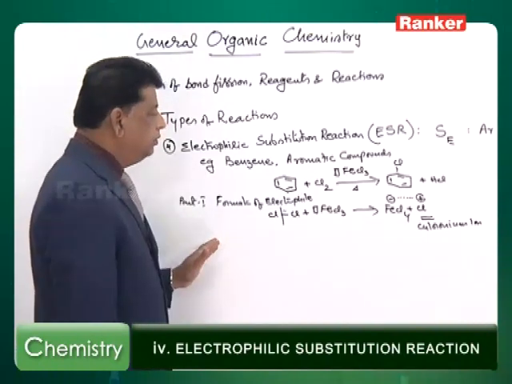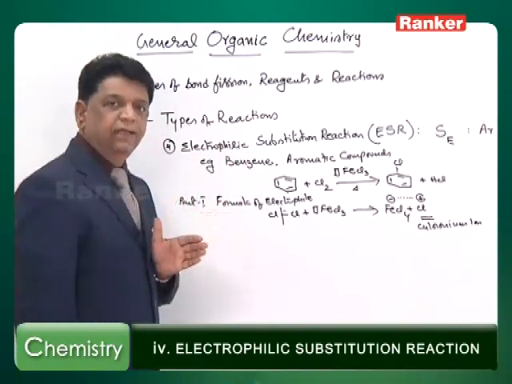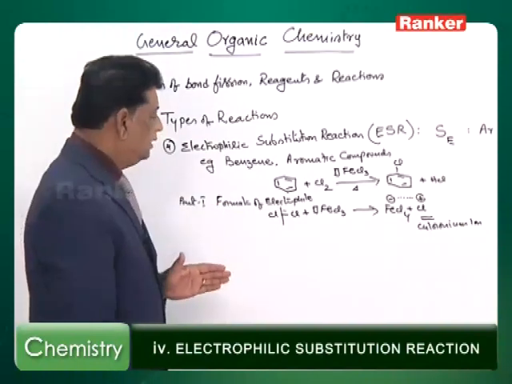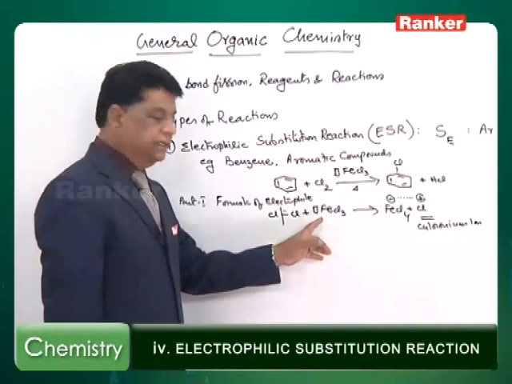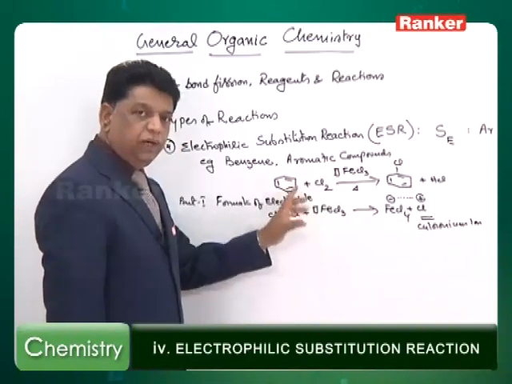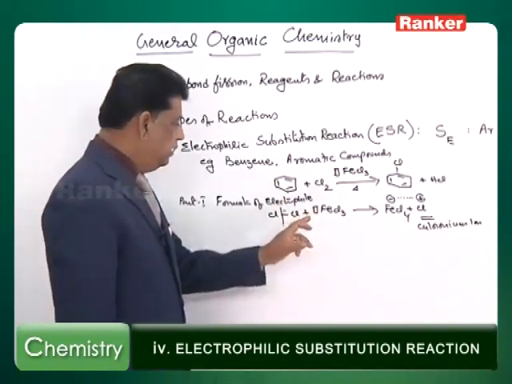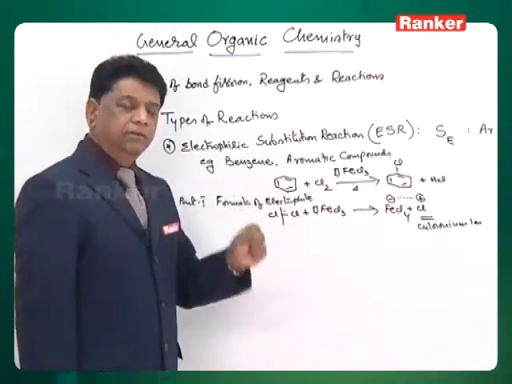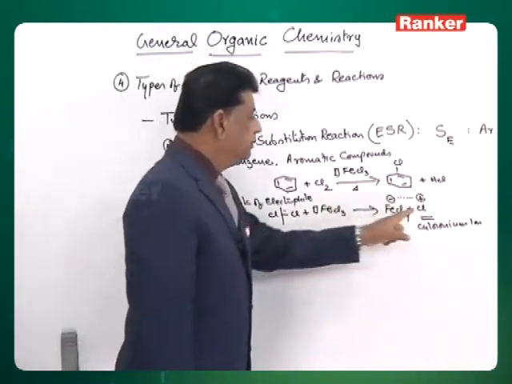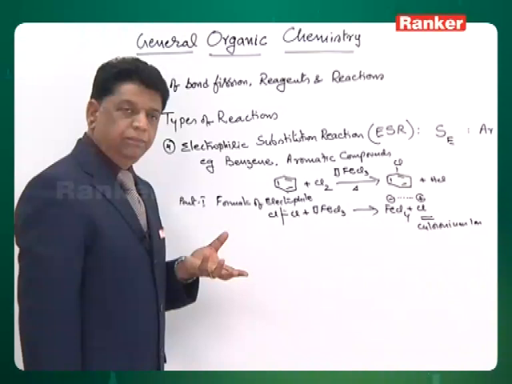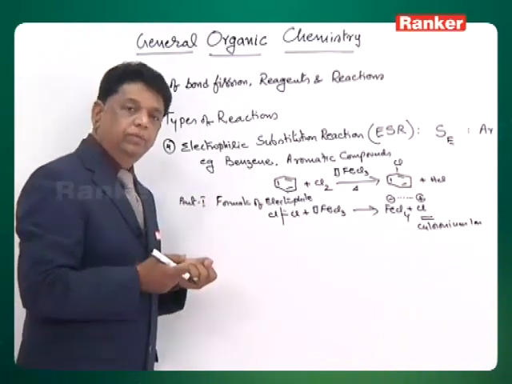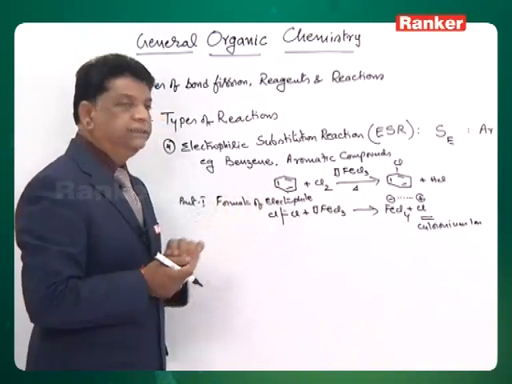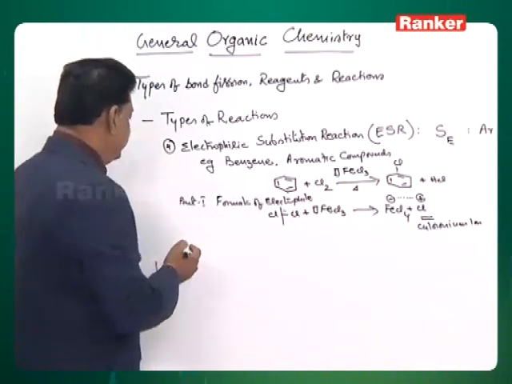Then I have a duty: how does it make it easy, what is the exact role or participation? So, ferric chloride is a Lewis acid, it has a vacant orbital, so electrons it can take, electrophile. So, it holds the Cl minus temporarily, so that the Cl plus is released. That Cl plus, instead of the molecule coming and breaking into plus minus, ready-made plus if it is there, will attack in a better way.